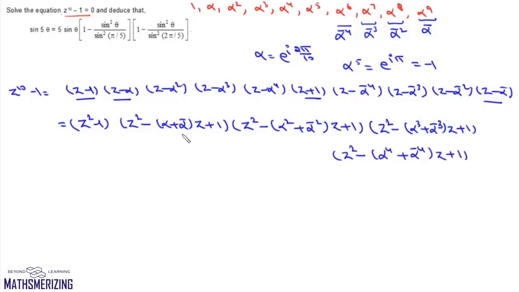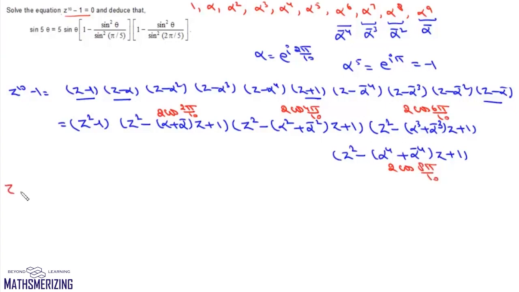Now alpha plus alpha bar is 2 cos 2 pi by 10. This one is 2 cos 4 pi by 10. This is 2 cos 6 pi by 10, and this one is 2 cos 8 pi by 10.